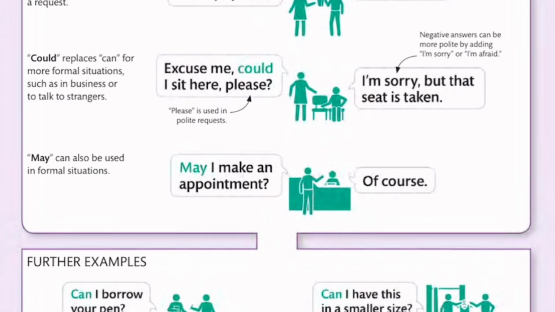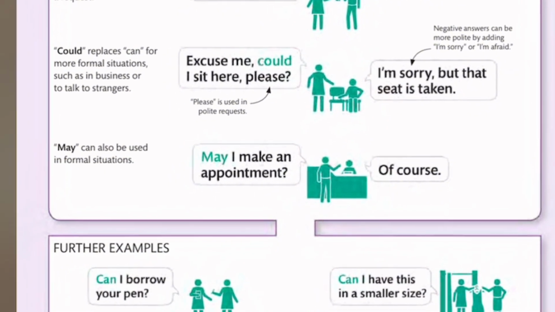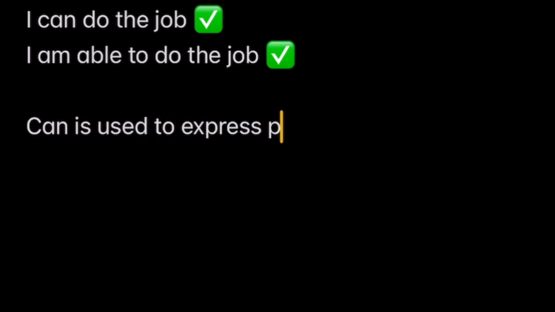Could replaces can. Now, please take note of this permission. In permission, we are not saying that could is used for past permission. No. Could is used for a formal situation. Can is used to express permission.